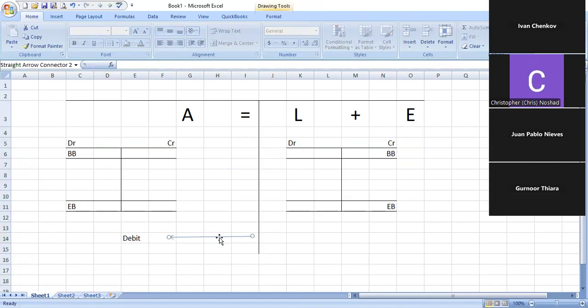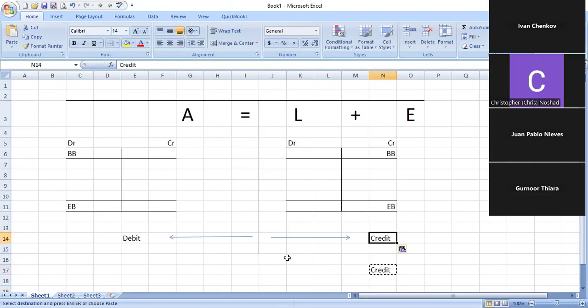And everything that stays on the right side of the equation is going to have normal balance credit. So which are the accounts that are on the left side of the equation? We have only one type of account, which is asset accounts. So all the asset accounts are going to have a debit balance. On the right side of the equation, we have liability and equity. So all the accounts related to liability and equity are going to have a normal balance of credit.